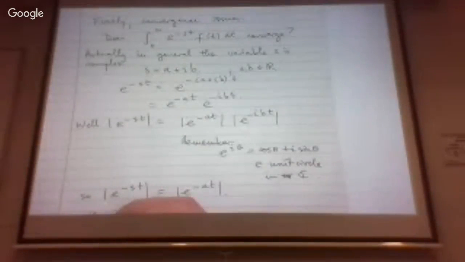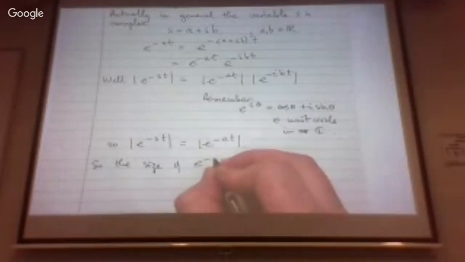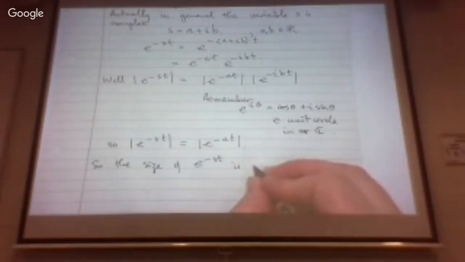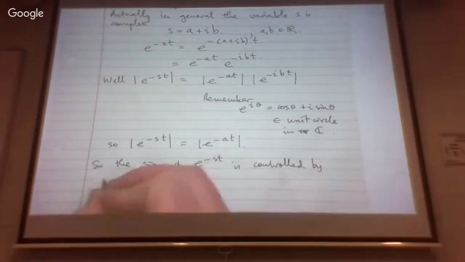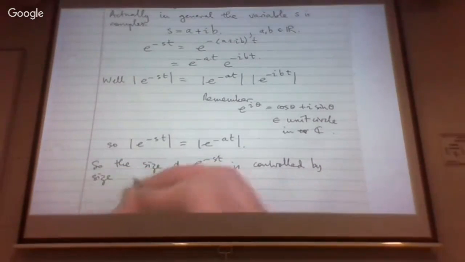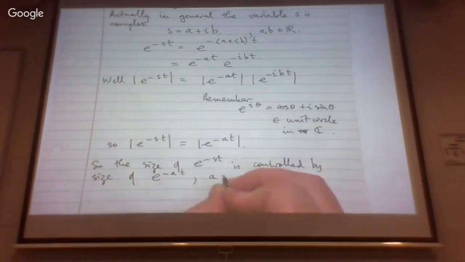So the size of e to the minus st is controlled by the size of e to the minus at, where a is the real part of s.